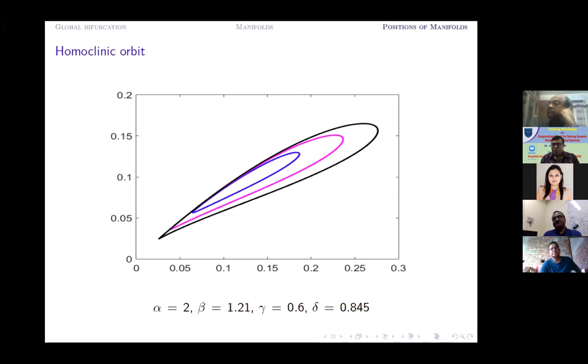The next question is, please explain about Bogdanov-Takens bifurcation of codimension 3 and how can we plot the corresponding figure? Bogdanov-Takens bifurcation of codimension 3 means you have to plot three-dimensional bifurcation surfaces, not curves, rather surfaces.